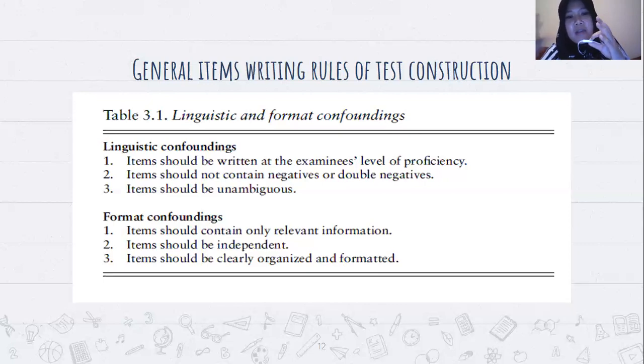For example, the answer to question number 2 depends on the answer to question number 1. It will not be good, so we need to avoid giving dependent questions or items like that.